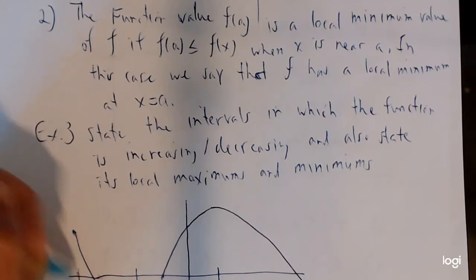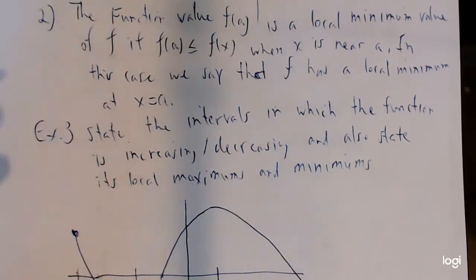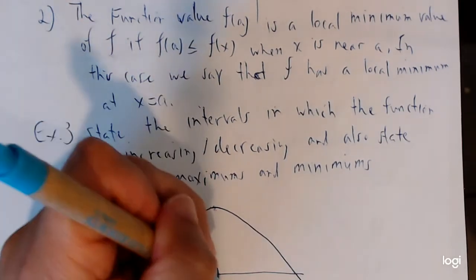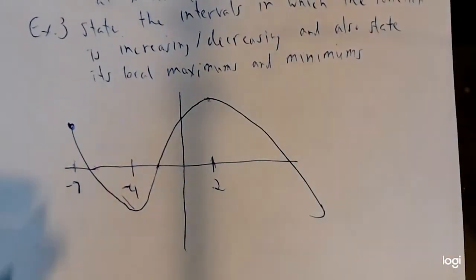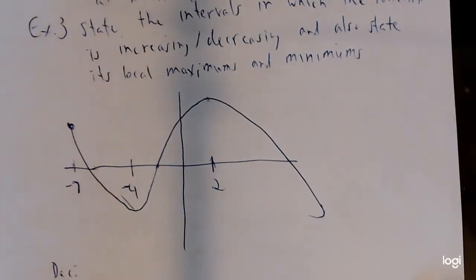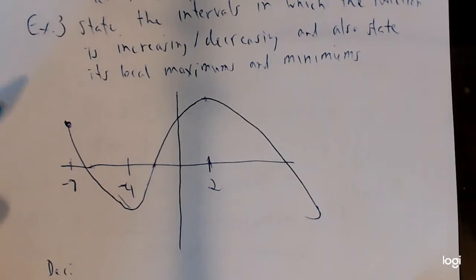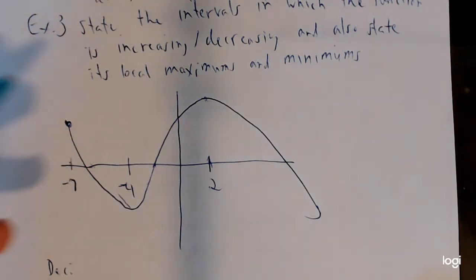Okay, and it stops here. So here's the graph. To find out where it's decreasing, going left to right, it's when the graph is going down. Starting from -7, from -7 to -4, it's decreasing.